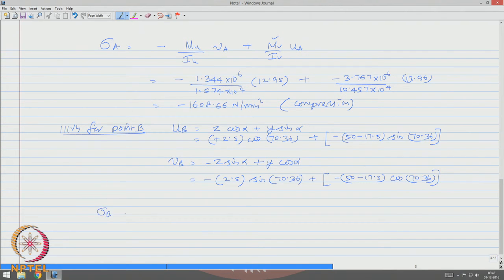So, sigma B can be computed by substitution. I want you to do this and check, you will get tensile stresses at the bottom.